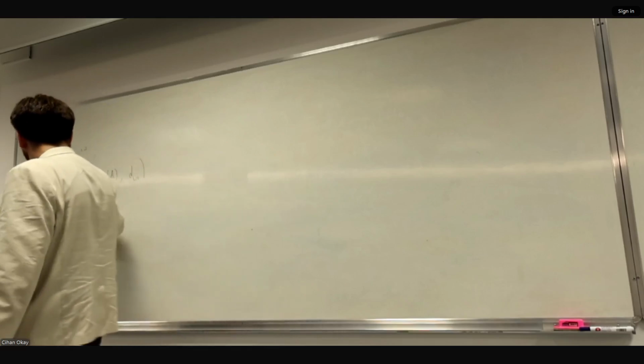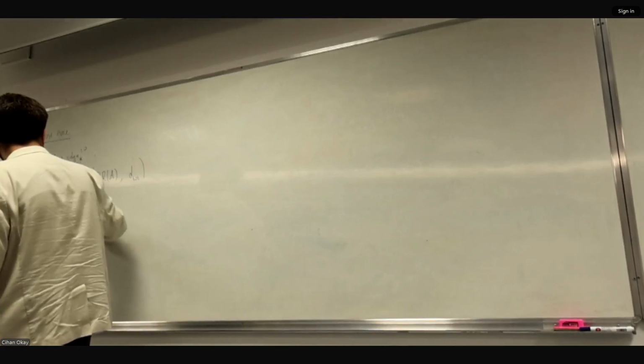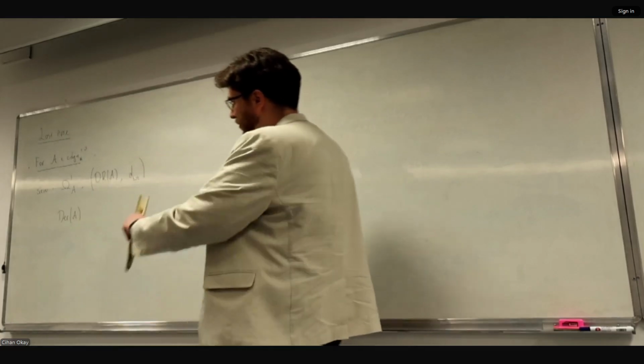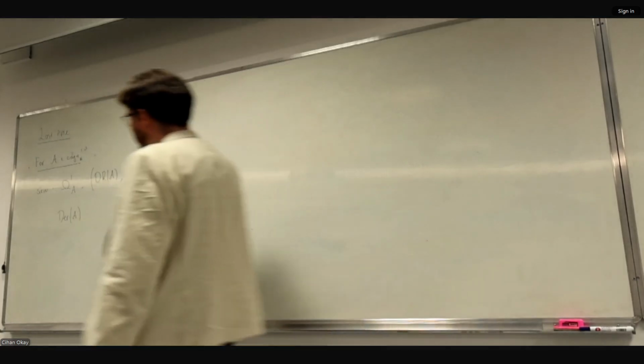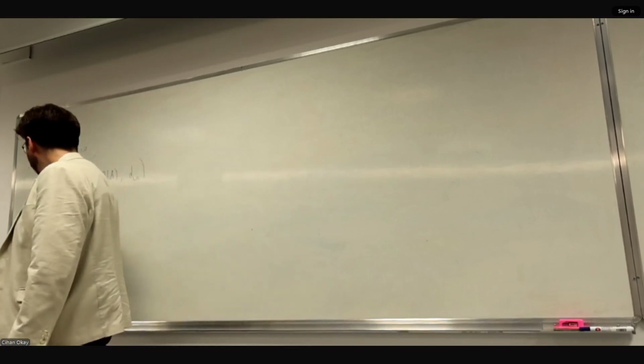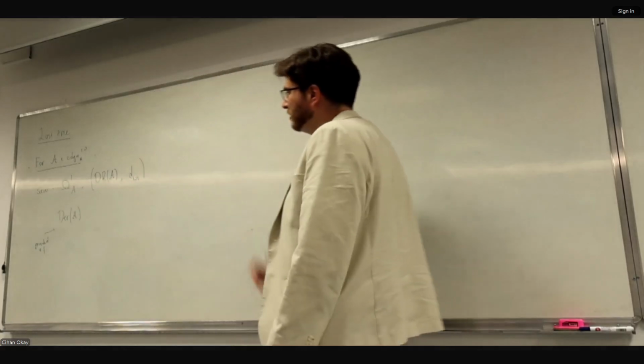What else did we discuss? We introduced the notion of derivations, and we discussed derivations on A. We use this notation, Der A. This is actually nothing but the vector fields. So these are graded vector fields of each degree, so we have a sum over all degrees.